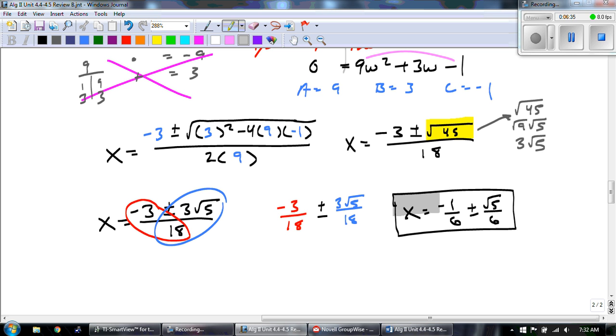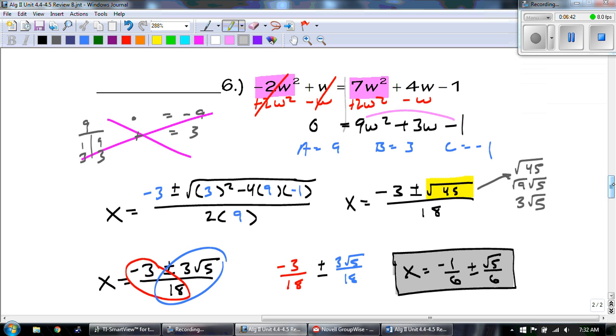Just remember, when we're doing the quadratic formula, the plus or minus means that there are 2 answers. If we were to actually solve them, we would have to do that twice. Okay, kind of like what we did on the other side.